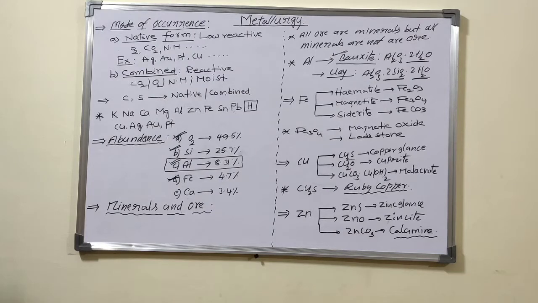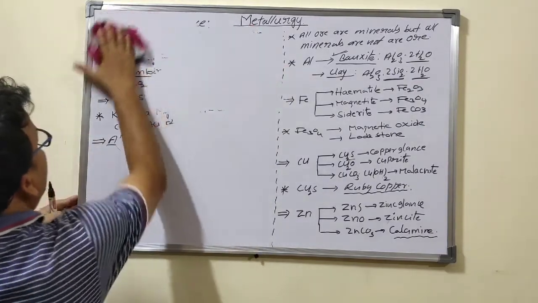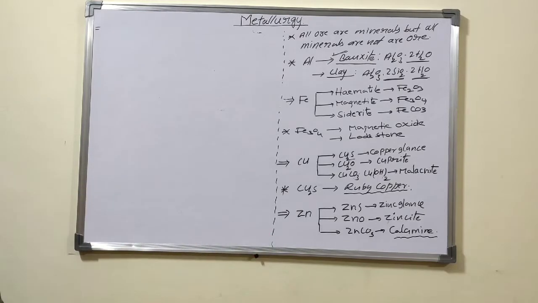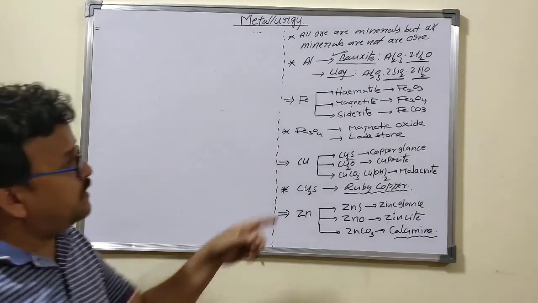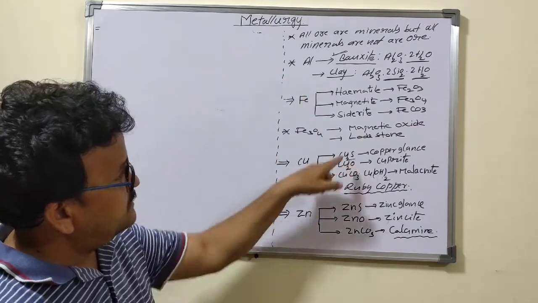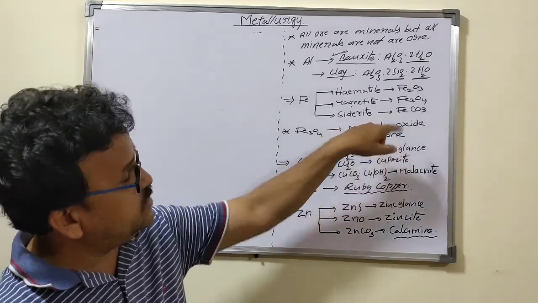Then we'll go for another important point for competitive concern: some elements occur in oxide form, sulfide form, carbonate form and hydroxide form, like that.